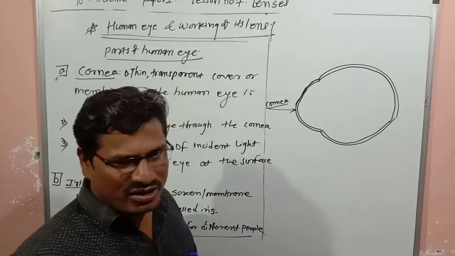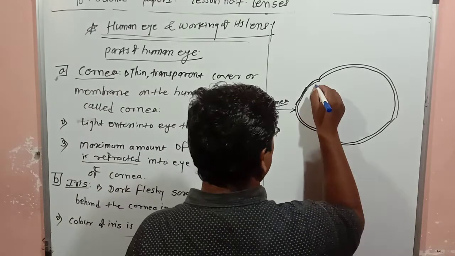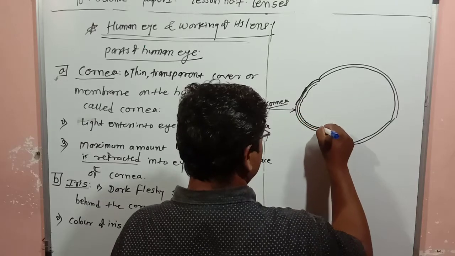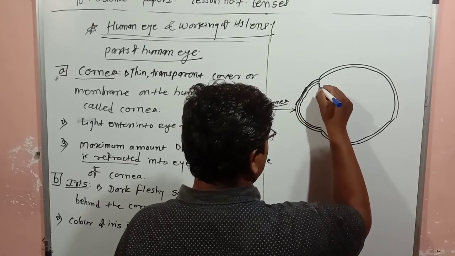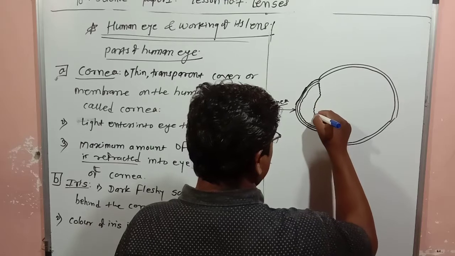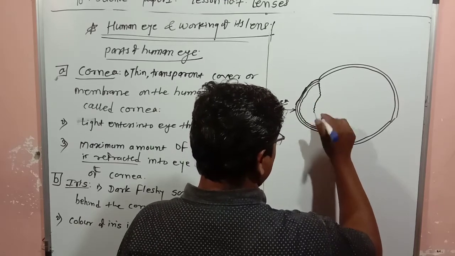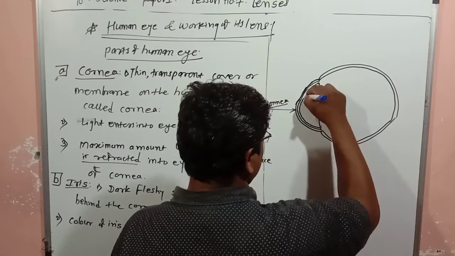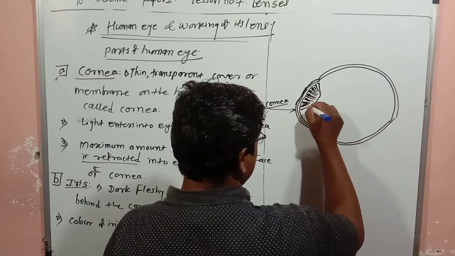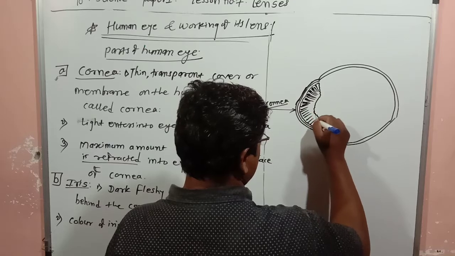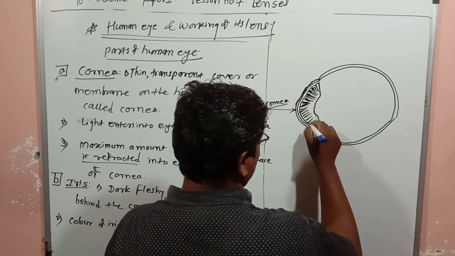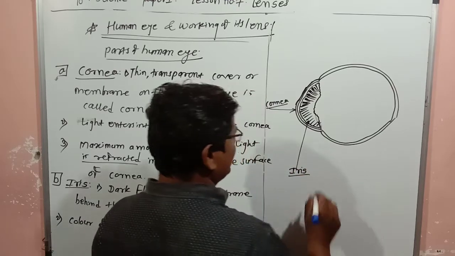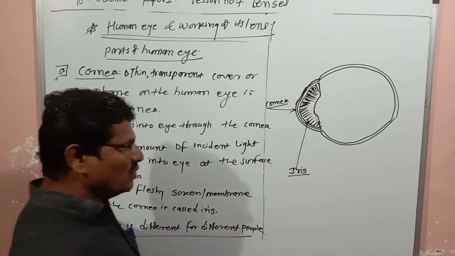Now we'll draw that iris. Like this way it will be there. Suppose this one is iris.